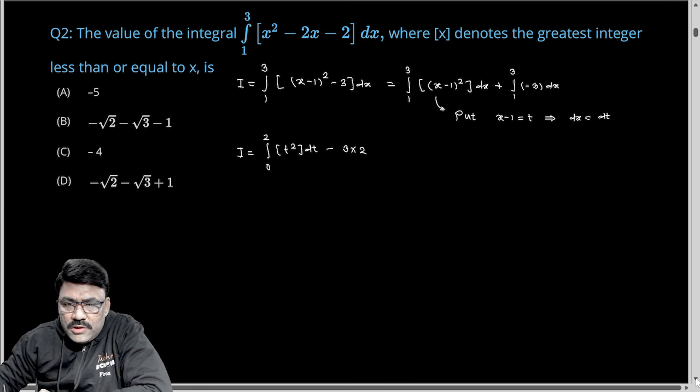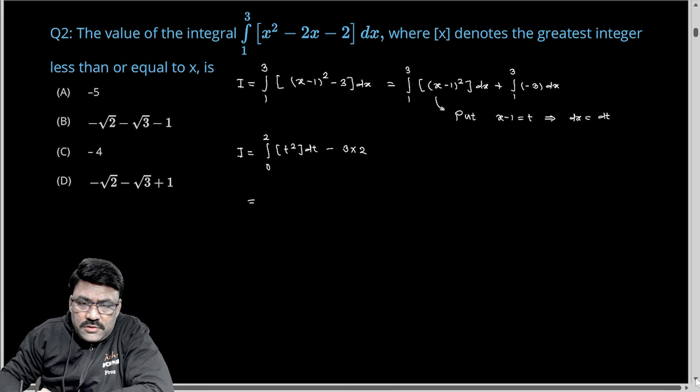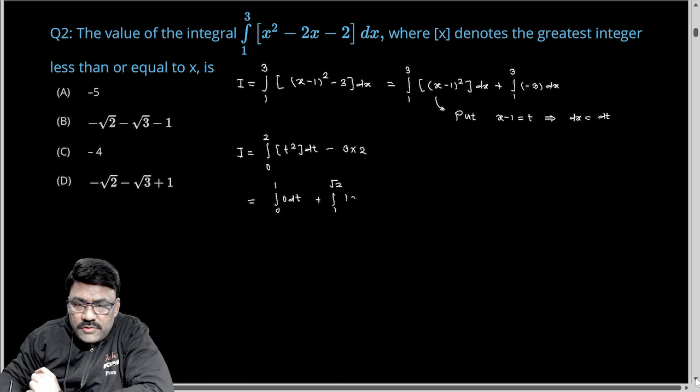So 3 into 2. Now since I have integral part of t square, in 0 to 1, t square also lies between 0 and 1, so integral part will be 0. In 1 to root 2, integral part will be 1. In root 2 to root 3, integral part will be 2.